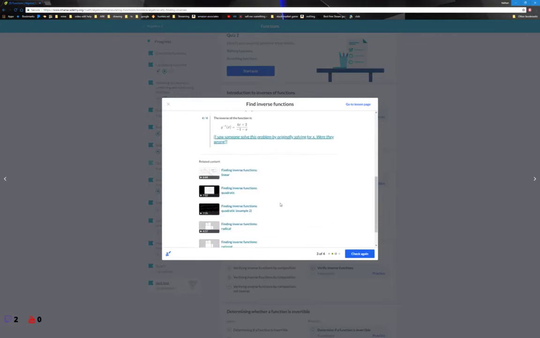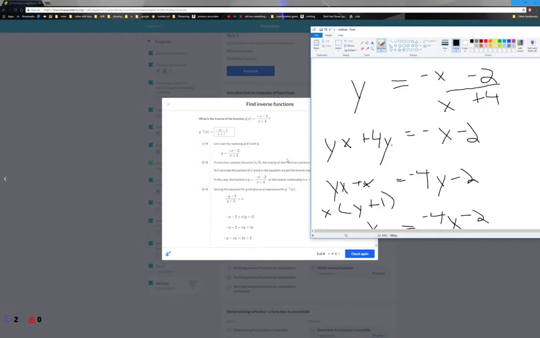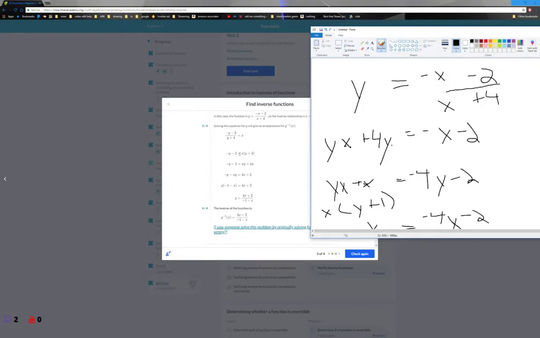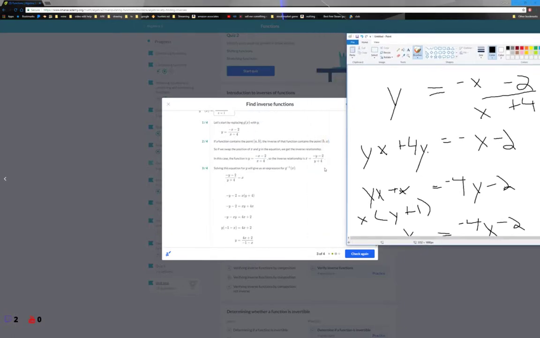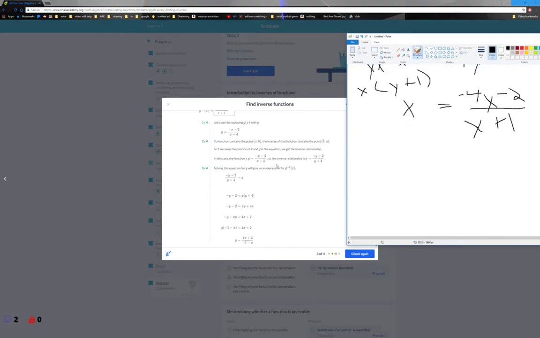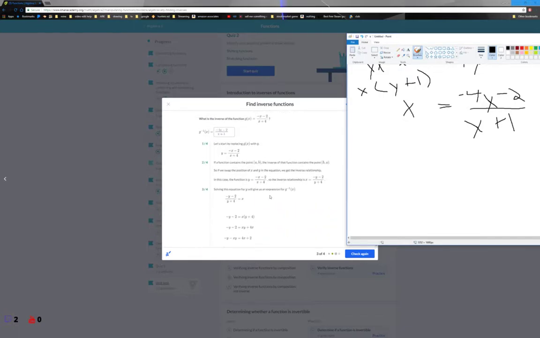So we're going to get help. Let's start by replacing g of x with y, and we'll see what we did wrong. We'll follow along. If a function contains a point (a, b), then the inverse contains (b, a).